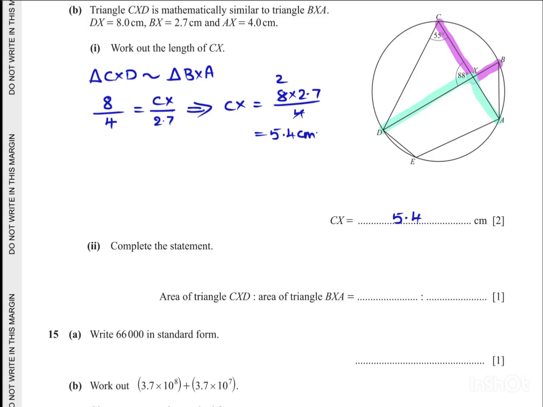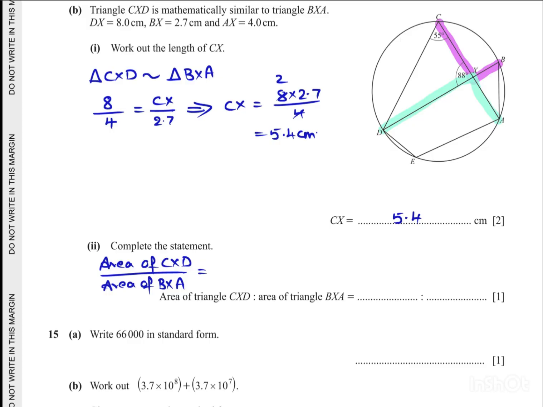Area of CXD by area of BXA will be, take any of the sides, take the numbers which are not having points to make it easy.